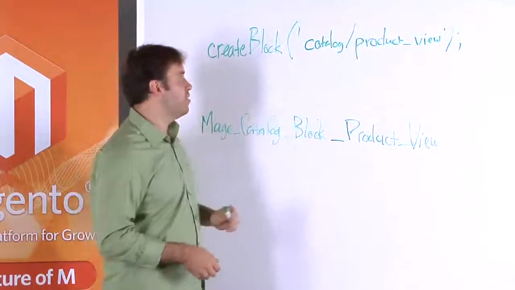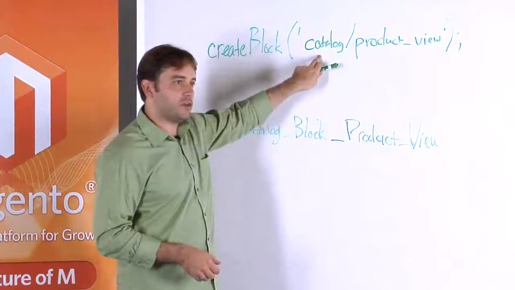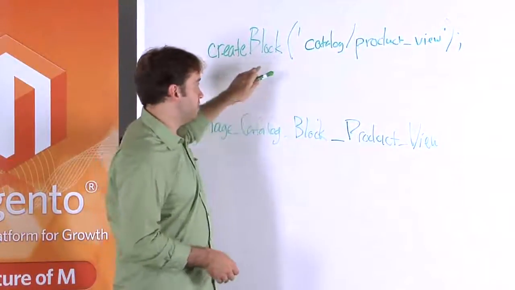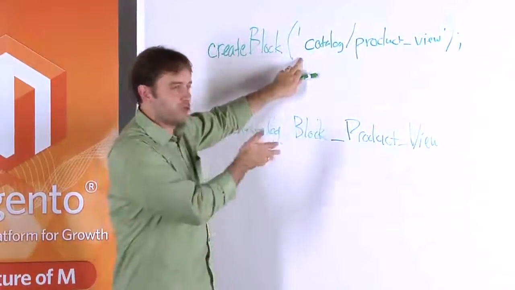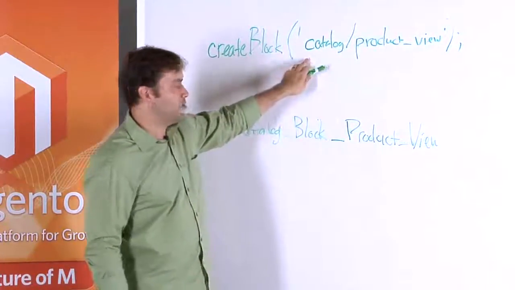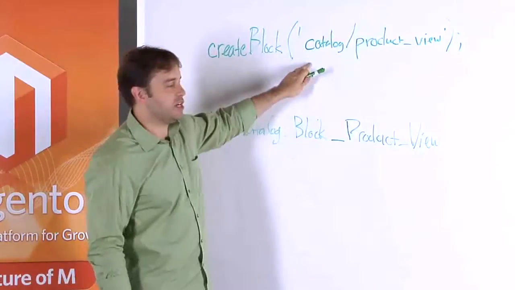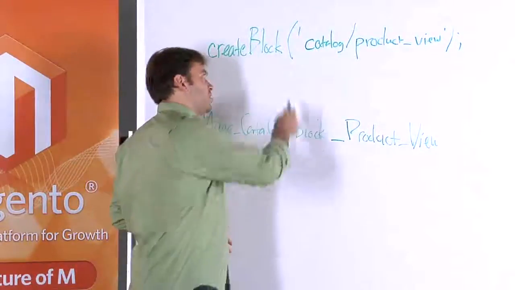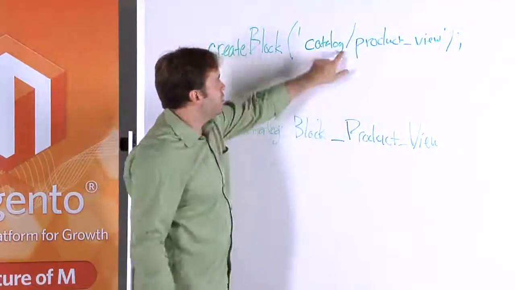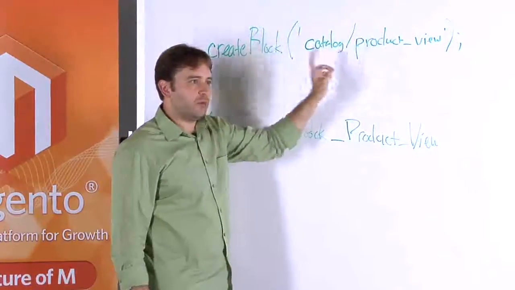And as my last note on this, sometimes you'll see underscores here. You'll see like namespace underscore module name. So you might see Mage underscore catalog, except for the Magento namespace, they left Mage out. But for enterprise, they didn't. So you might see enterprise underscore something. Underscores before the slash don't matter.